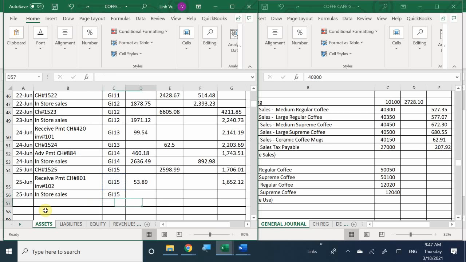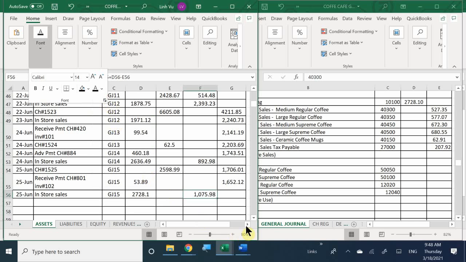General Journal 15 for a grand total of 2728.10, bringing my new grand total to be 1075.98. Okay.